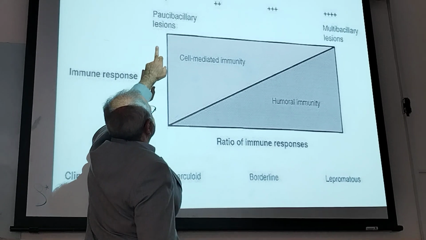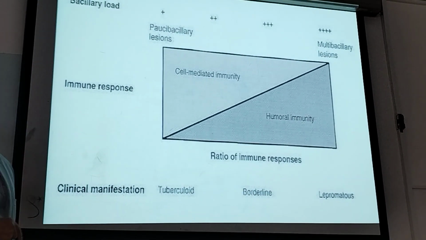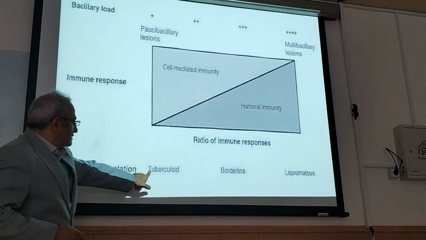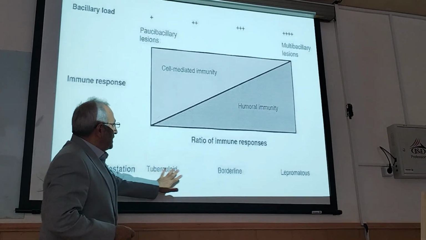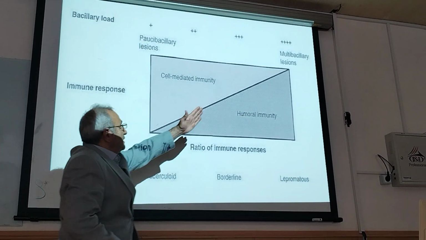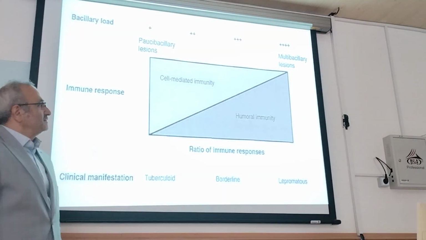The number of bacilli is just 1 plus on the top. We call it paucibacillary. And on the bottom it says lepromatous. This is tuberculous and this is lepromatous. In lepromatous you can see the number of bacilli is 4 plus.